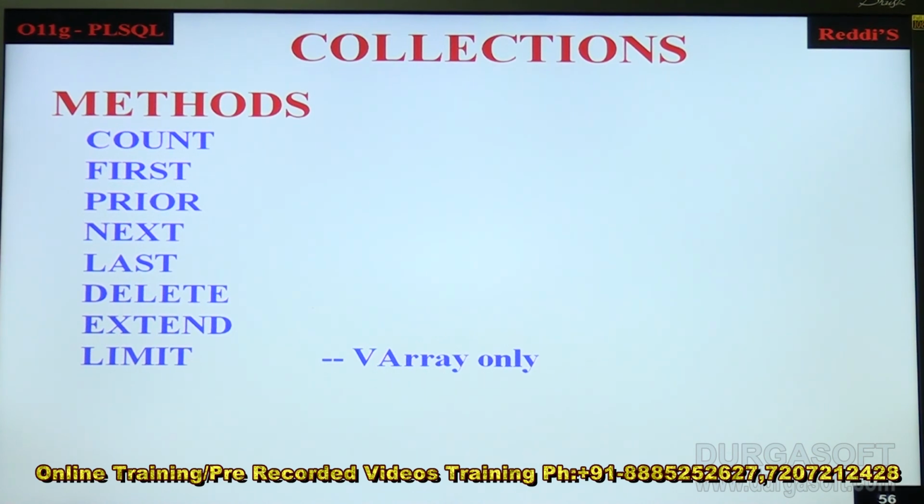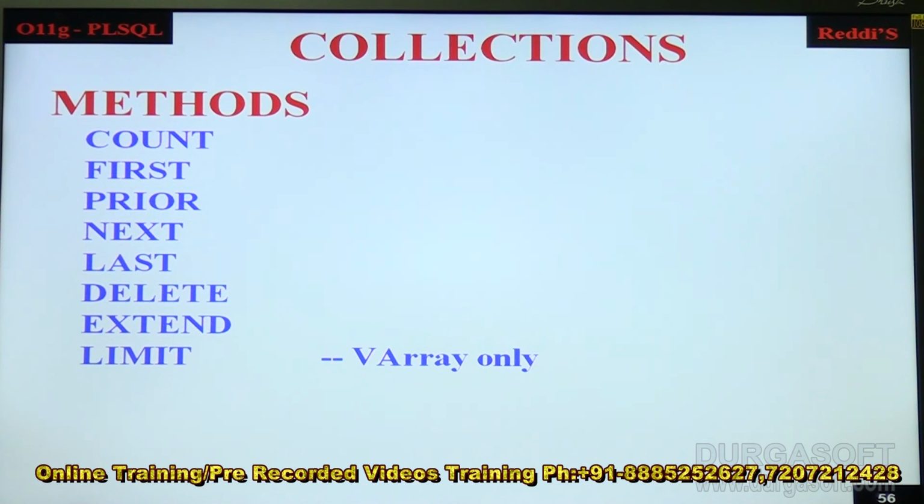That means when we say extend 1, 5, we are extending the collection by 5 elements, and we are also filling the values by copying the value from the first position into all these 5 elements.